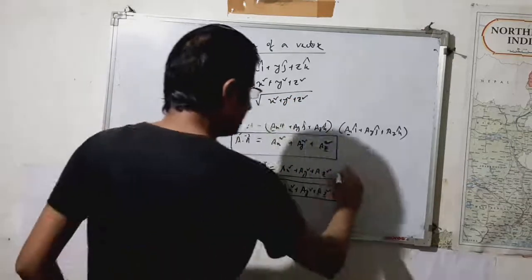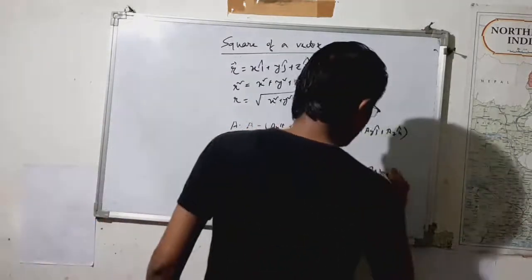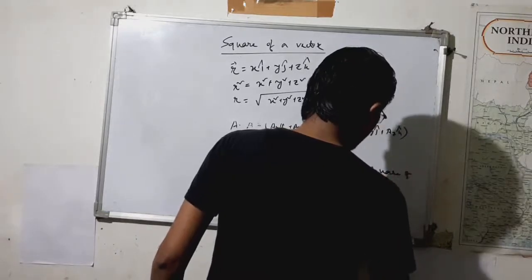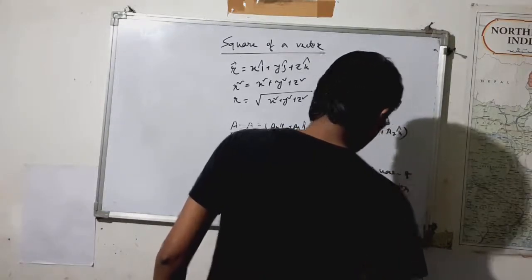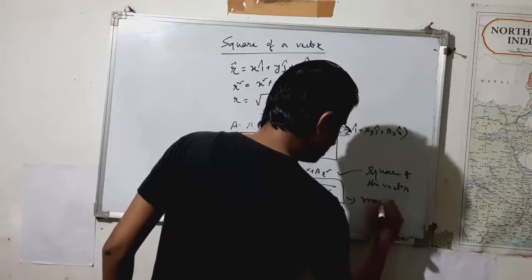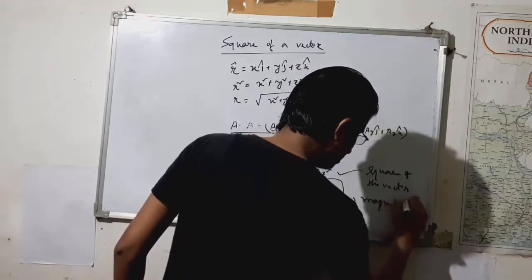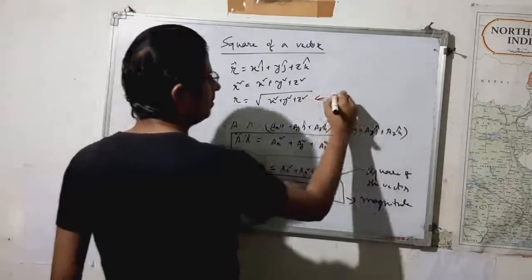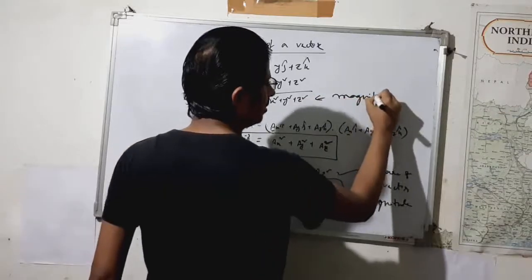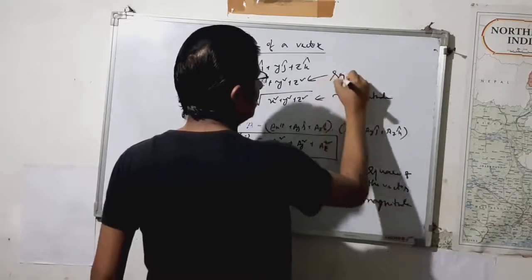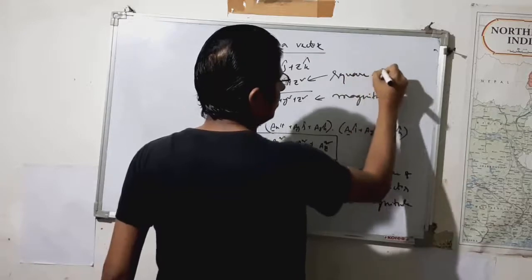So this expression gives the square of the vector, and this gives the magnitude.